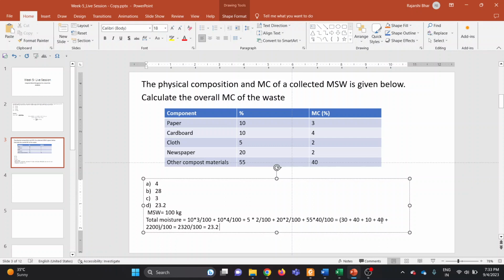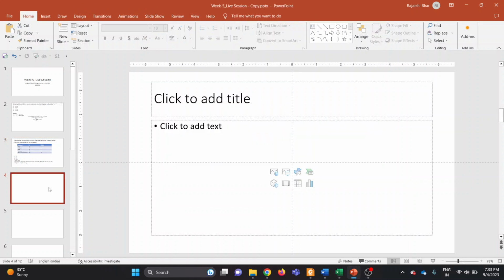Okay. So 23.2 kgs of moisture in 100 kg of waste. That means 23.2% is the overall moisture content of the entire MSW. I hope this was very easy to understand. So we will quickly move on to the next question.